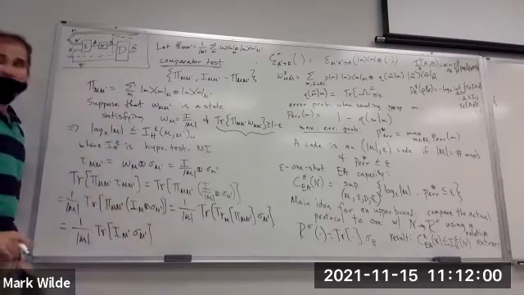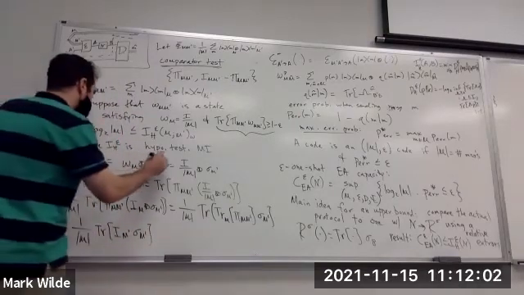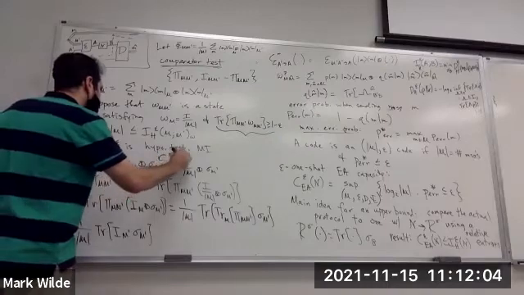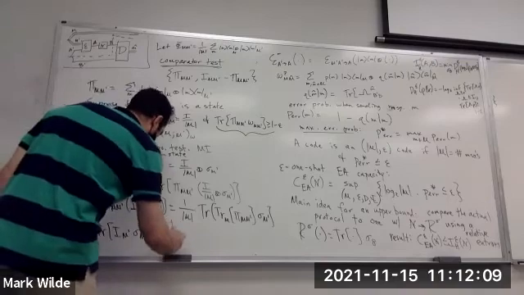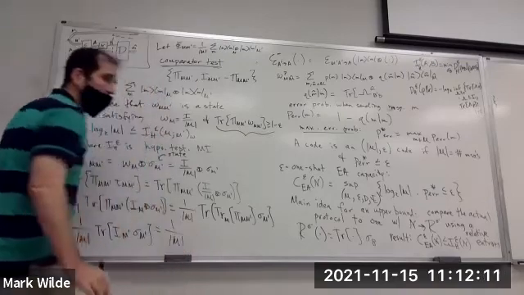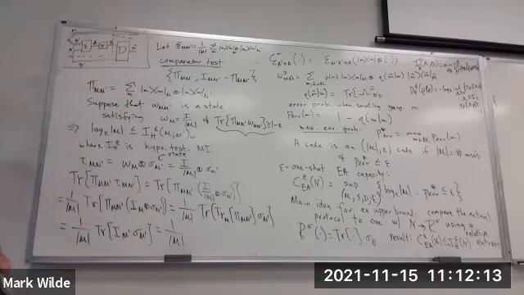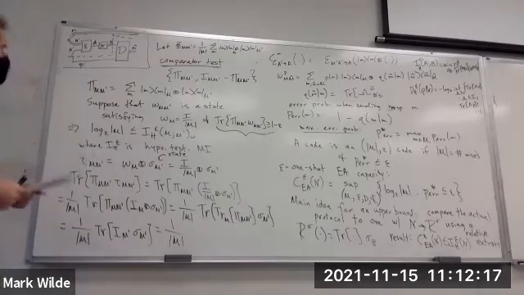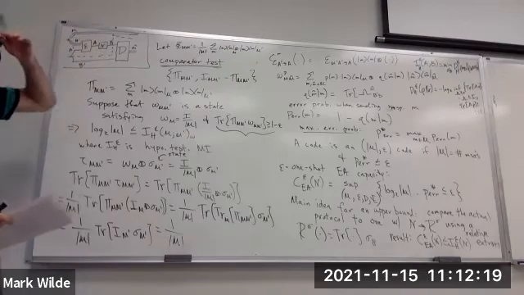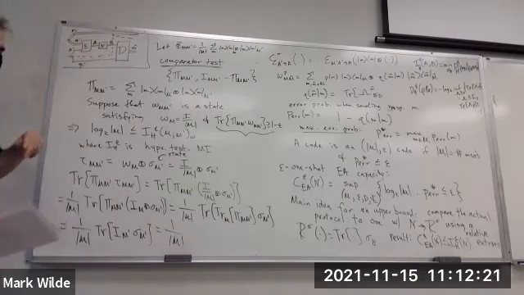Sigma M is a state. Okay, so we should clarify that as a state. Trace of a state is 1. So we get 1 over M, consistent with what we said would happen. Okay. So if you cut the wire, then your probability of passing the comparator test is the worst possible, random guessing.